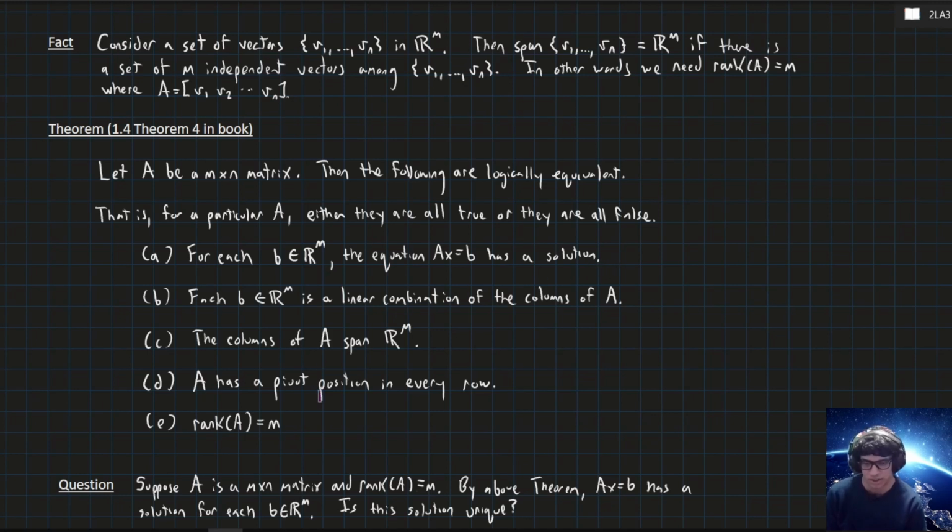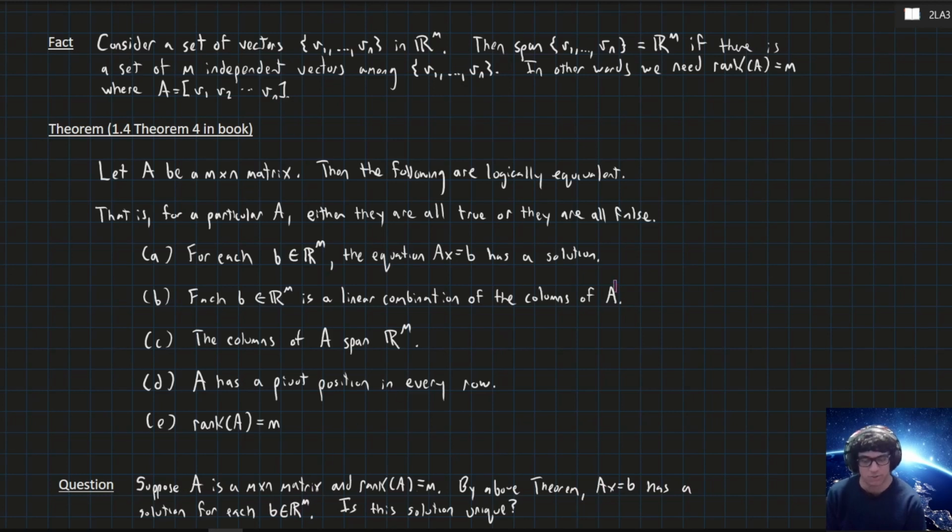Okay, so the next natural question is that if we suppose A is an m by n matrix, and suppose it has rank m, so all of these are true. In particular, we know that Ax equals b has at least one solution for every b in Rm.